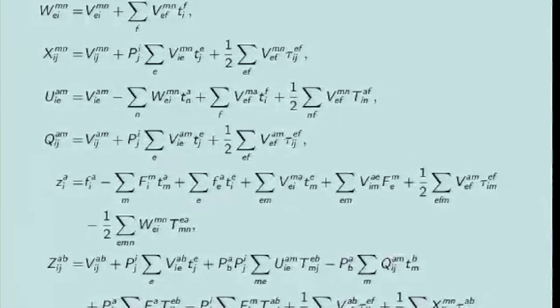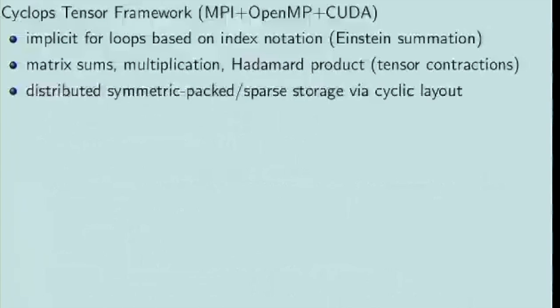More generally, it's number of electrons and number of orbitals, which are somewhat different. And you have to be able to execute all of those efficiently and transition between the data layouts required to execute those. However, each one of them can be just done as a matrix-matrix multiplication after reordering. At least that's one approach to doing it. But you have to be able to do the reordering quickly, and this becomes a bottleneck, especially when you're in distributed memory and you have a data movement cost associated with the reordering.